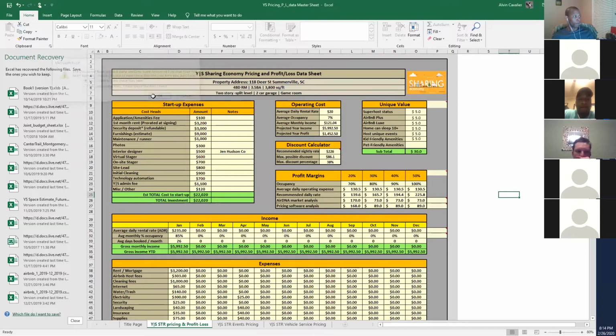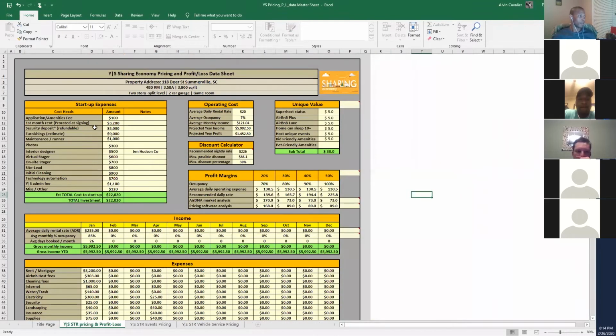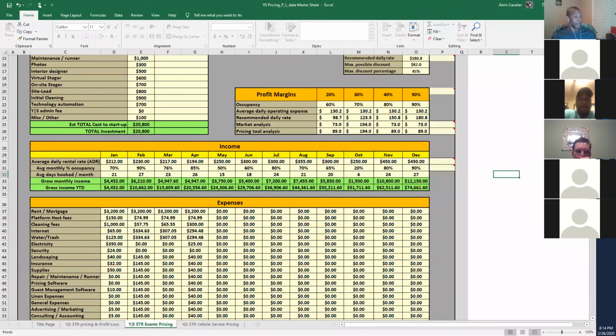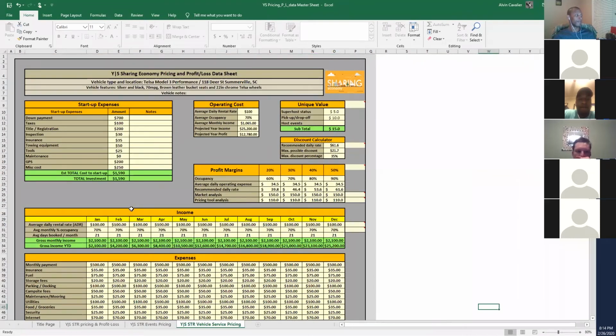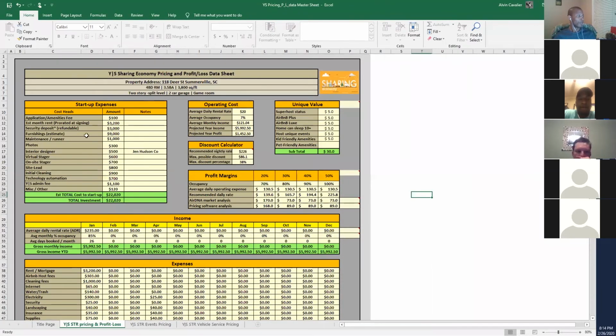So up top here, you see it's got a startup expenses column where essentially for a host that's starting up, whether it's a short-term rental, events, or they're using a shared vehicle service like Turo, it gives you just about every category that you would need to plan against. So this just gives you startup costs for the type of service that you're operating.